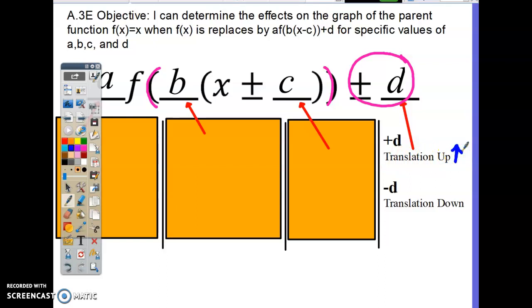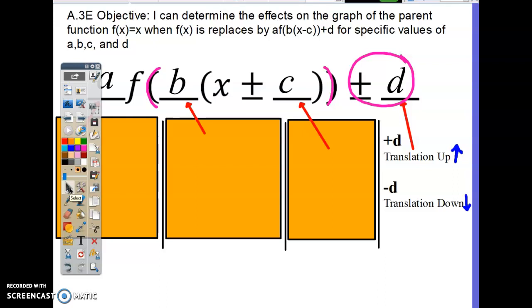If you want, put a little arrow so you know what up means. If it's a negative, if that says minus 3 or minus 4, that means it went down, whatever number that says. Subió o bajó. Again, you can pause the video at any time if I'm going too fast.